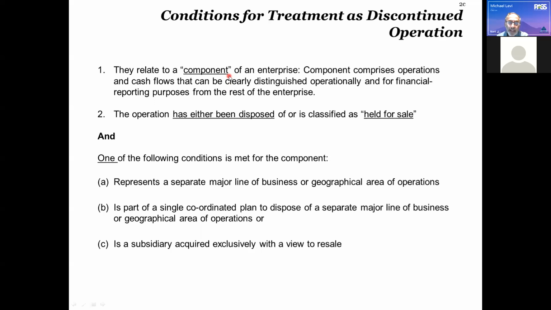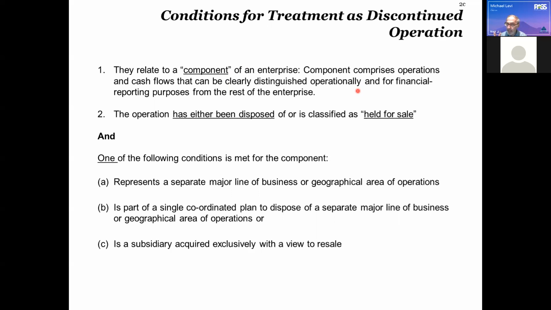Let's take a look at the conditions for having a discontinued operation. Number 1, they relate to a component of an enterprise. So if I have an operation that was disposed of, step number 1, it must qualify as a component. A component comprises operations and cash flows that can be clearly distinguished operationally and for financial reporting purposes from the rest of the enterprise.